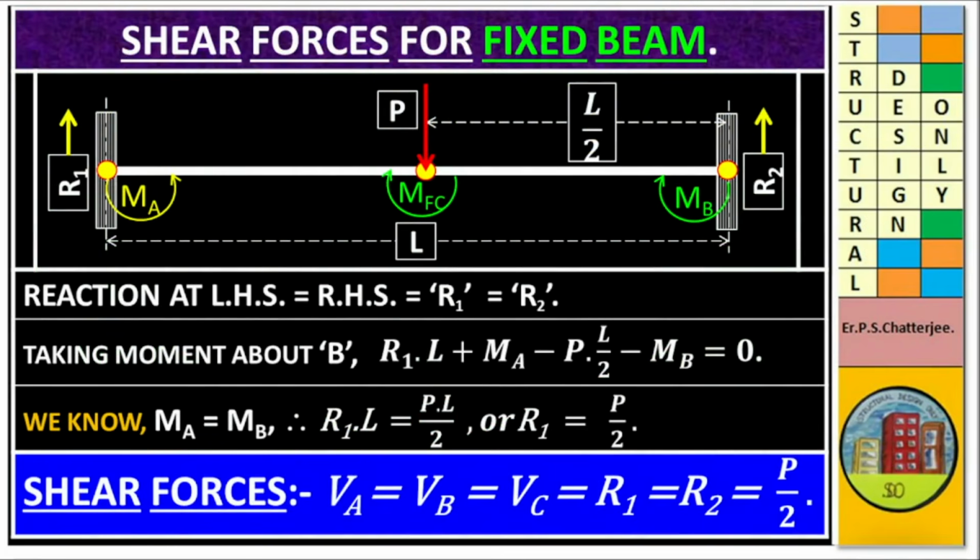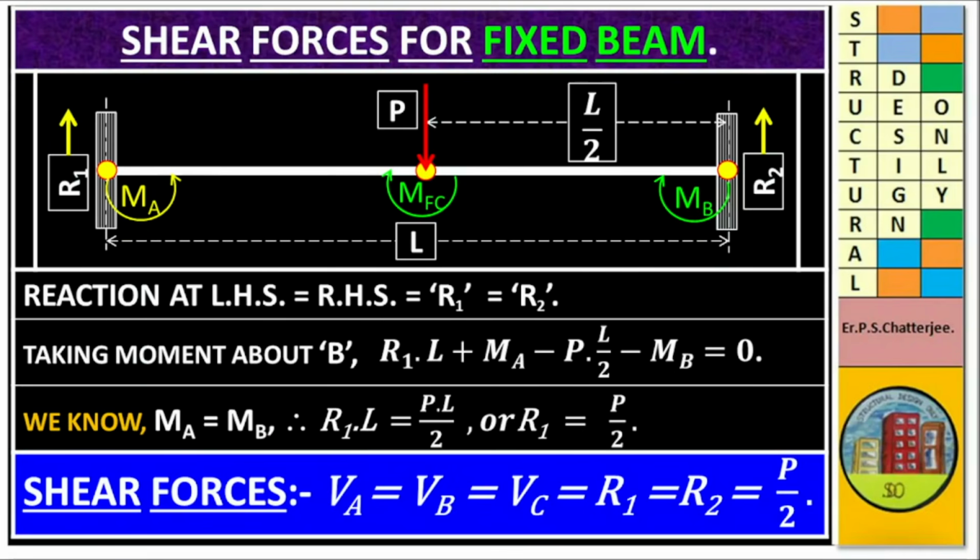Shear force for the fixed beam. Reaction at left hand support is equal to right hand support. Say left hand support reaction is equal to R1 and right hand support reaction is equal to R2.